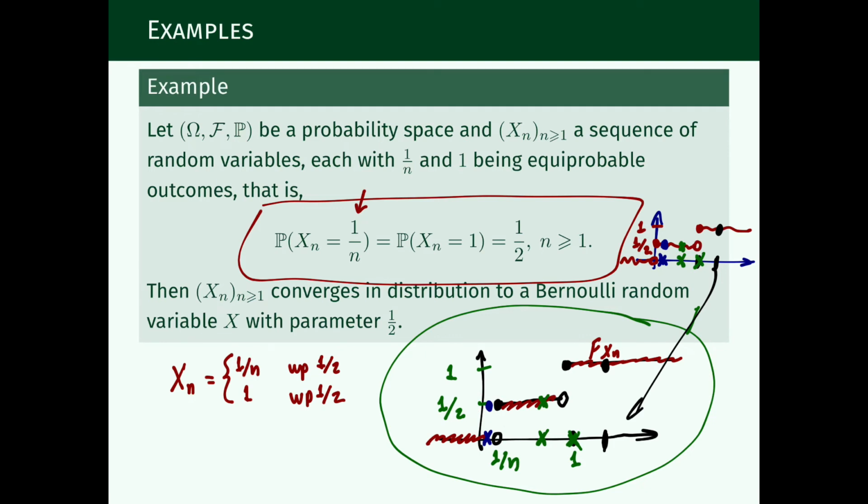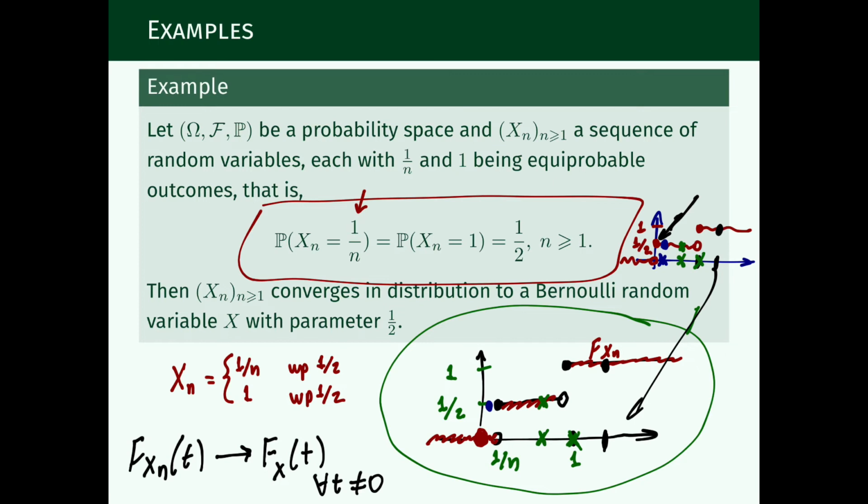However, there is one point that will pose us a problem. It is exactly this point here, 0. Because the cumulative distribution function of Xn at 0 will always be equal to 0, it will not converge to 1/2. So what we are saying is that F_Xn(t) is converging to F_X(t) for all t different from 0.